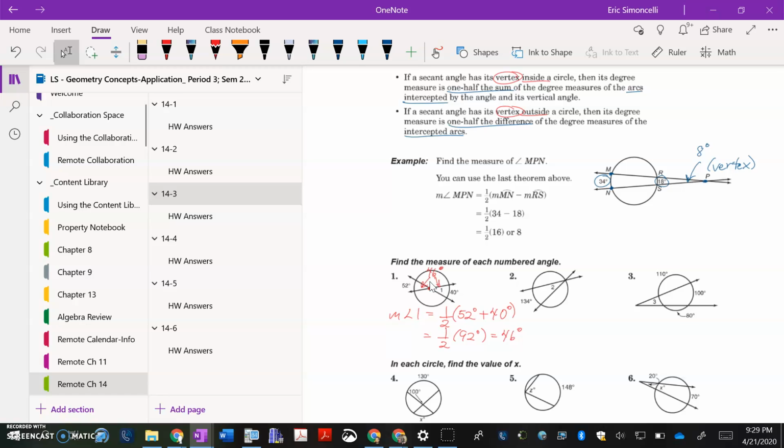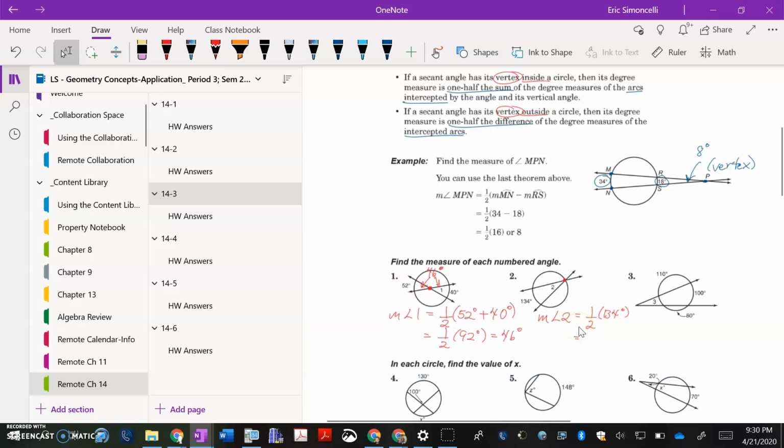Okay, number 2. So number 2 actually speaks to a situation where the vertex is not inside nor outside the circle, but is actually on the circle. Now, if you recall from a previous section, inscribed angles of this nature are going to be justified as follows. We're going to take the measure of angle 2 and note that it is always equal to half of the arc, in this case of course of 134 degrees.